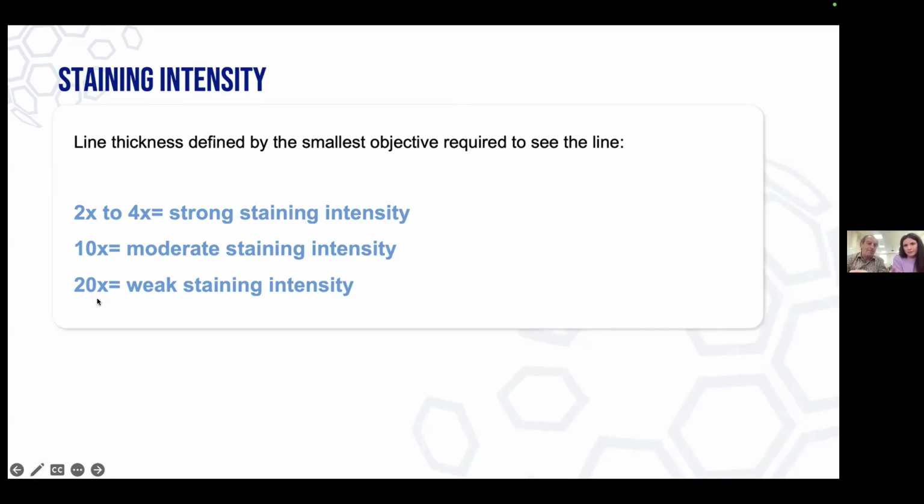Also keep in mind that despite the distinction between strong, moderate, and weak, it is actually either strong or everything else. We could really go into 2 staining intensities, strong and everything else. Nevertheless, traditionally we have 3 staining intensities, and we'll keep it for a while.